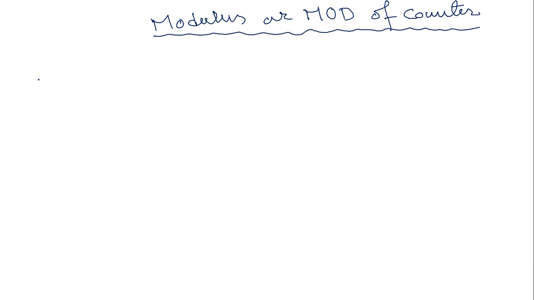So what is the mod or modulus counter? Generally, the number of states passed by the counter before going to its initial state is called the modulus or mod of the counter.